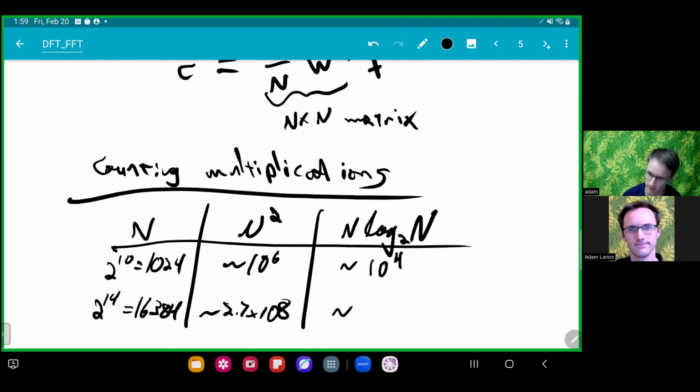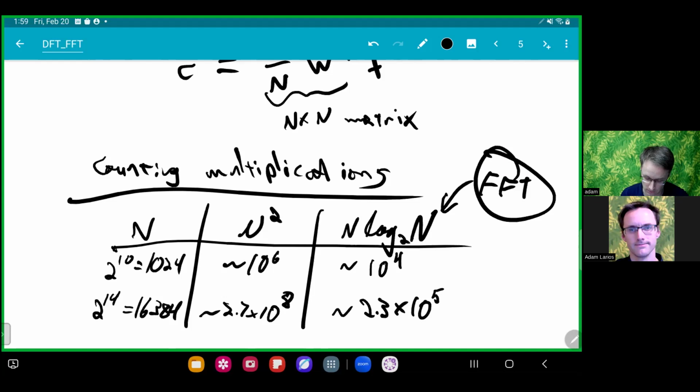And down here, scaling up by a factor of 16, you can check this is about 2.3 times 10 to the 5th operations. So not all that much more expensive. This thing scales very nicely. We're doing far fewer computations than, say, 10 to the 8th for this type of operation. This is the kind of gain that we can get out of the Fast Fourier Transform.